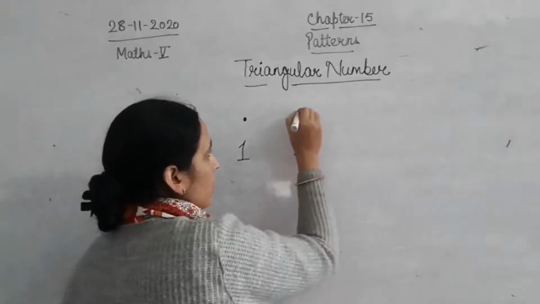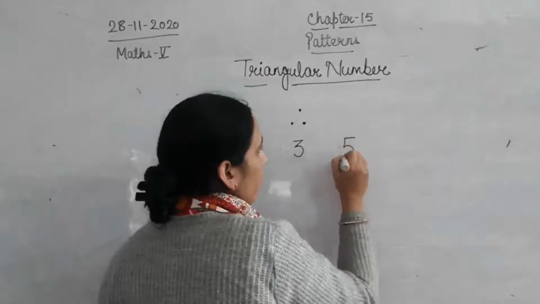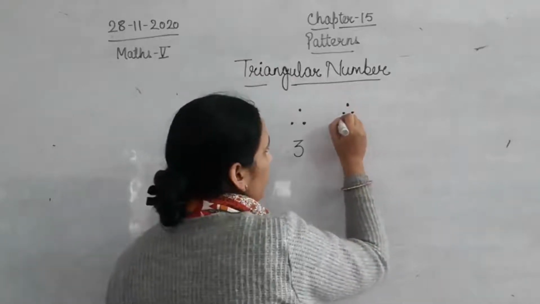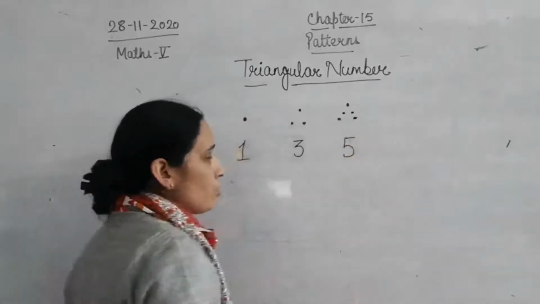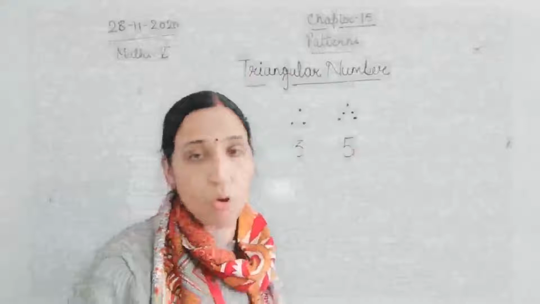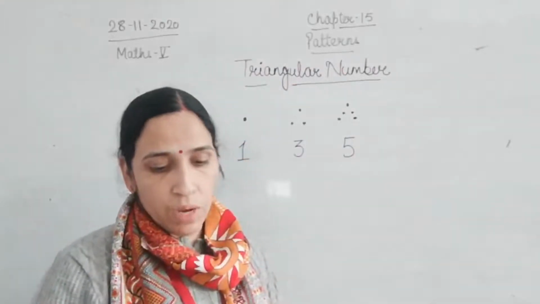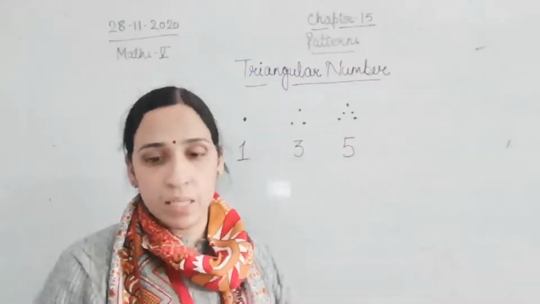Now 3. Yes, 3 can be drawn in the form of a triangle. Then 5, yes, 1, 2, 3, 4, 5. So this 5 can also be drawn in the shape of a triangle. So like that we'll do it 1, then 3, then 5, then 7 and so on.